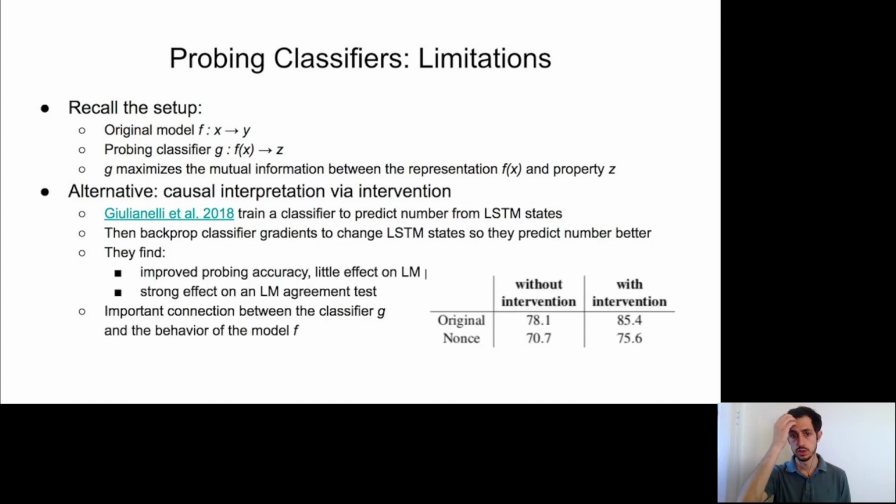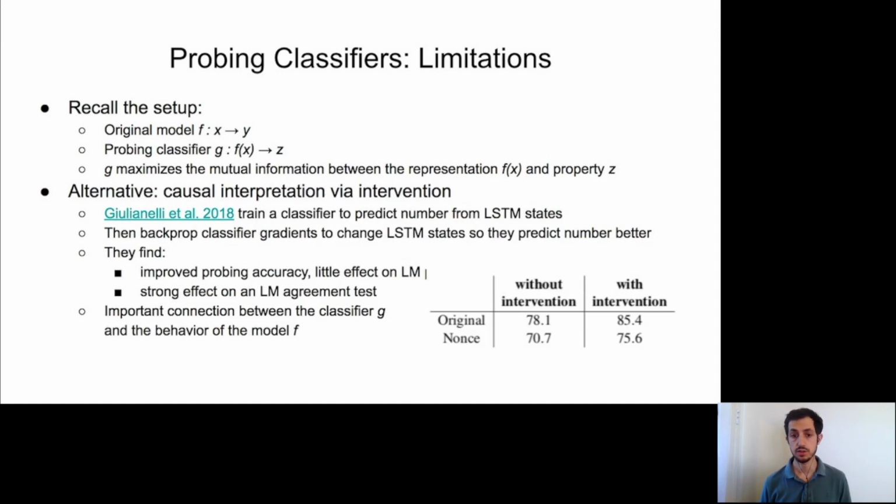And what does that do? They found that this gives them improved probing accuracy, which is very reasonable. You actually train the LSTM such that the classifier will perform better, so the classifier ends up performing better.